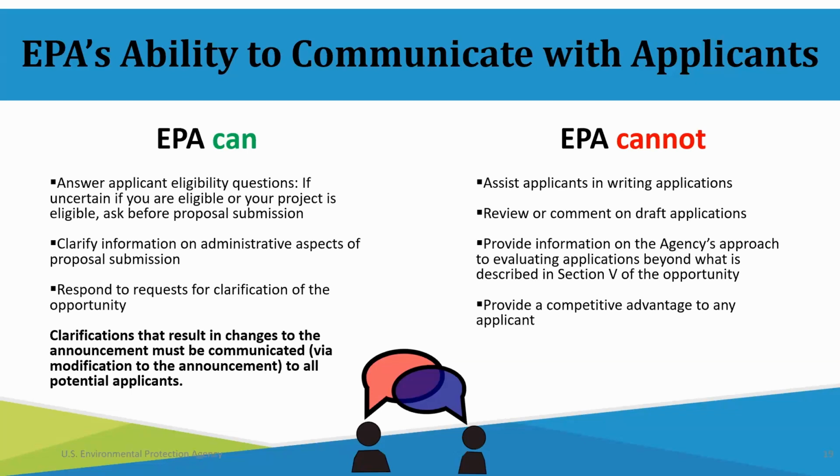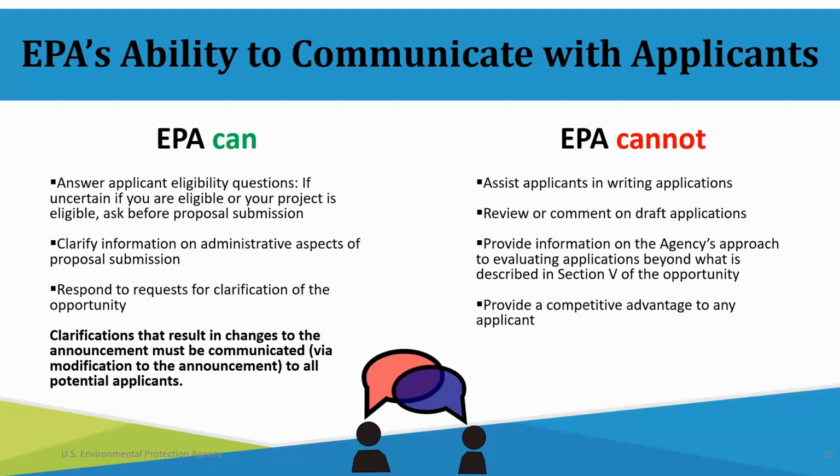So we are restricted in the way that we can communicate with applicants. If you have questions about whether or not your organization is eligible to apply for a particular funding opportunity, you can reach out to the point of contact on the notice of funding opportunity and ask that. If you need a little bit of clarity on some of the administrative aspects of the application, you can reach out to the point of contact and ask that.